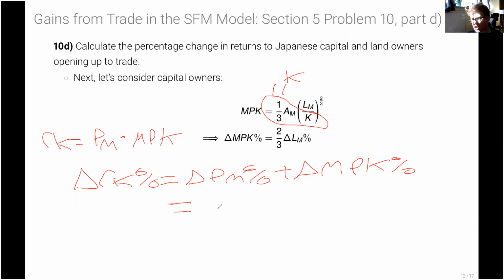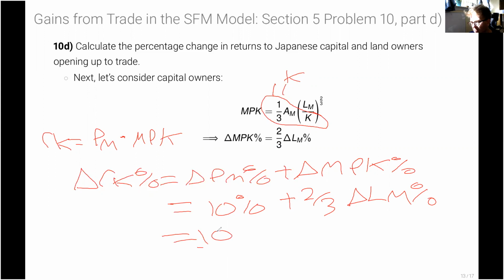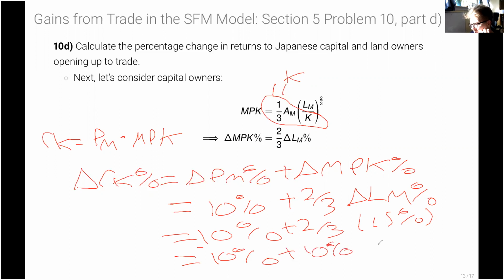Recall that we know PM is going to increase by 10%, and we can plug in for MPK, which is going to be 2/3 times the percent change in LM. We know that LM is increasing by 15%, and so in total, this tells us that the percent change in the returns to capital is just 20%.